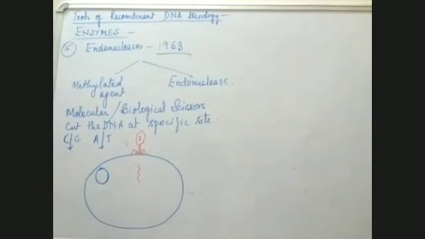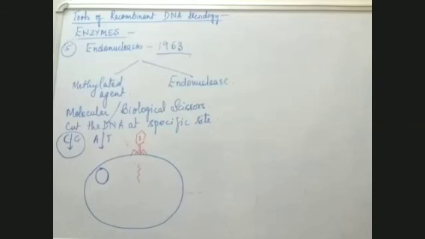Suppose we are using an endonuclease which cuts between cytosine and guanine.